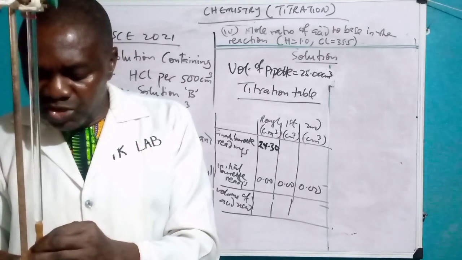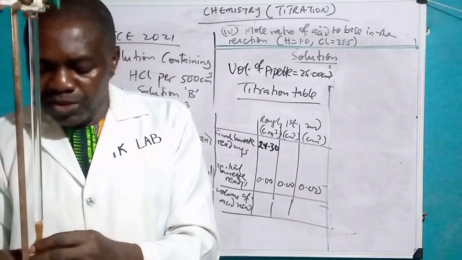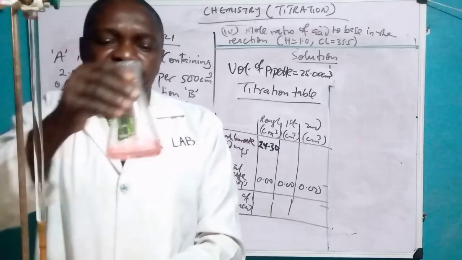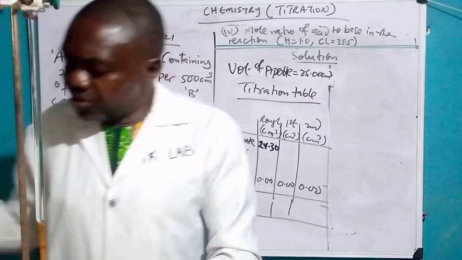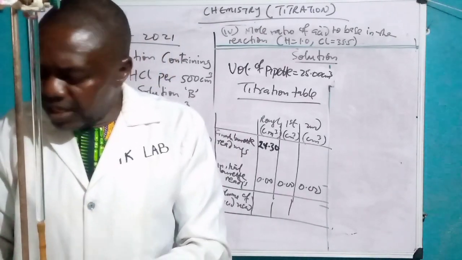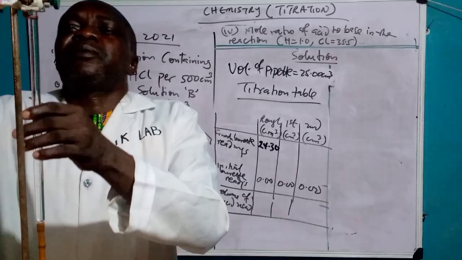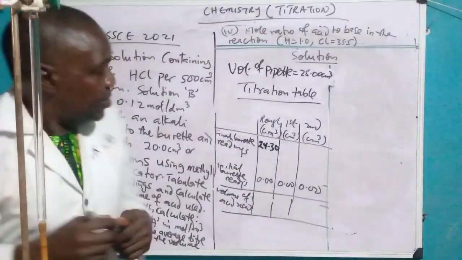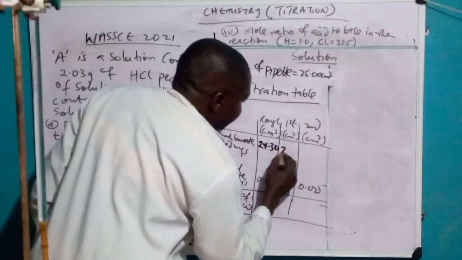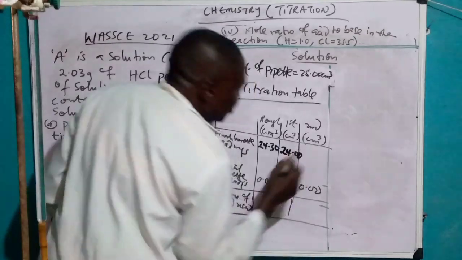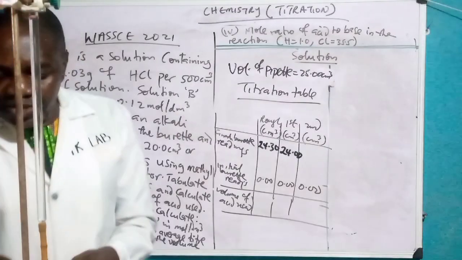You know what you are doing, it will be easy. You see it has changed color again to orange. So we put it somewhere and we take our reading. Wow, exactly 24. So it is 24.00, 2 decimal places.